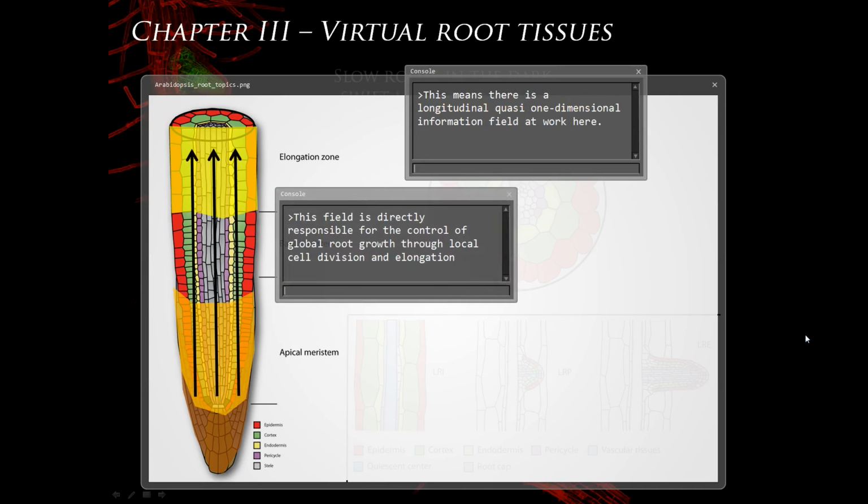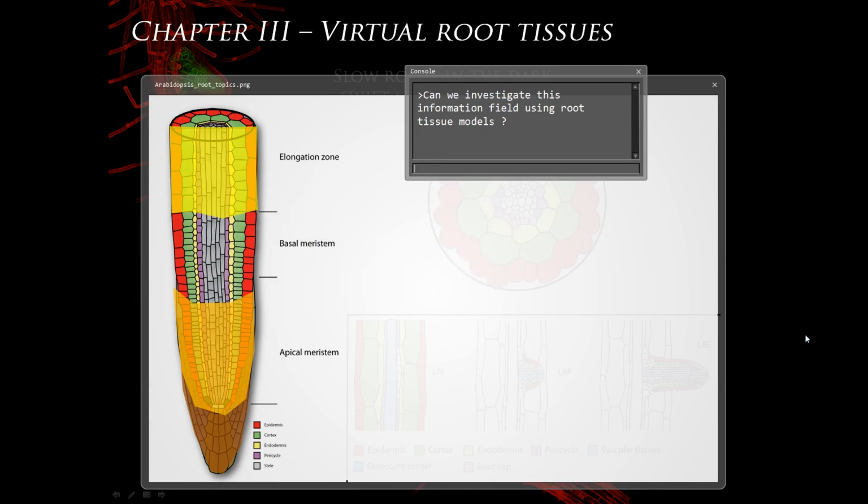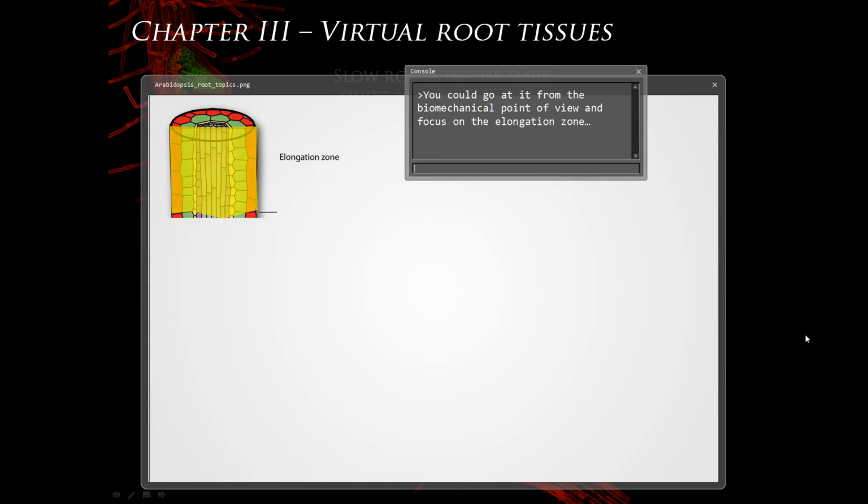And this field is directly responsible for the control of global root growth through local cell division and elongation. So can we actually investigate this information field using root tissue models based on the principles we've described earlier? Well, we can. We could go at it from the biomechanical point of view and focus on the elongation zone.